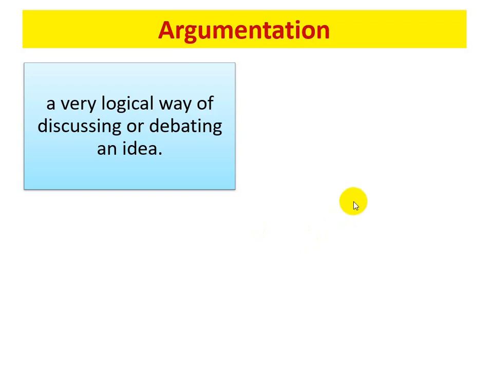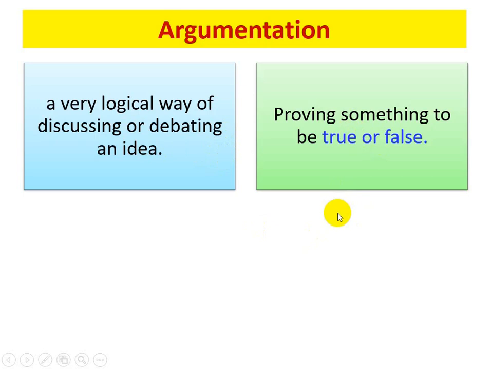Argumentation as a process is a very logical way of discussing or debating an idea. This process is very important because we are proving something to be true or false. We are arguing for or against for the sake of proving whether it is true or false.